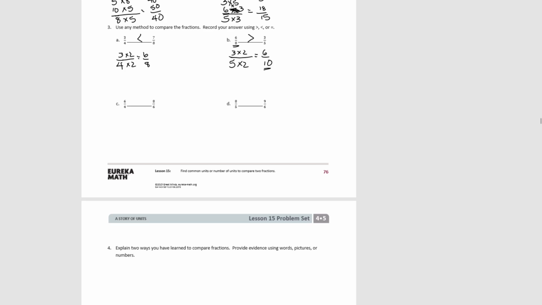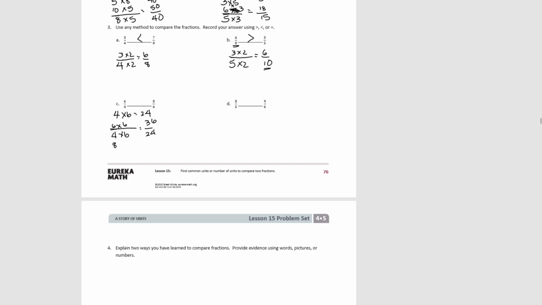For C, one of the numerators is not a factor of the other one. Same with the denominators. So I'm going to go to my new strategy of multiplying the denominators and getting 24. So 6/4, to get to 24ths, I'm going to multiply by 6, and I'm going to get 36/24ths.